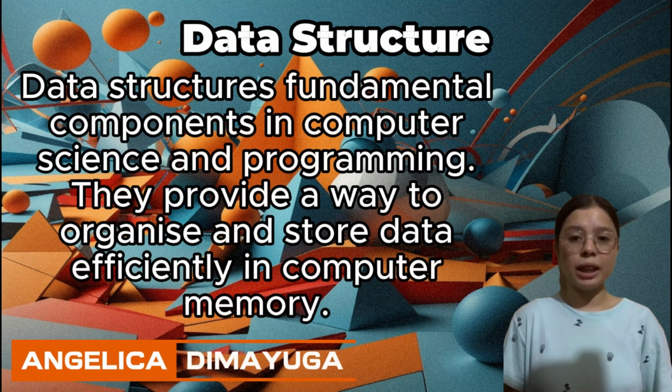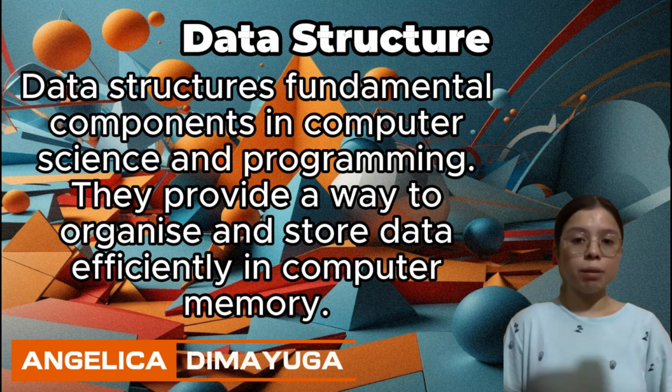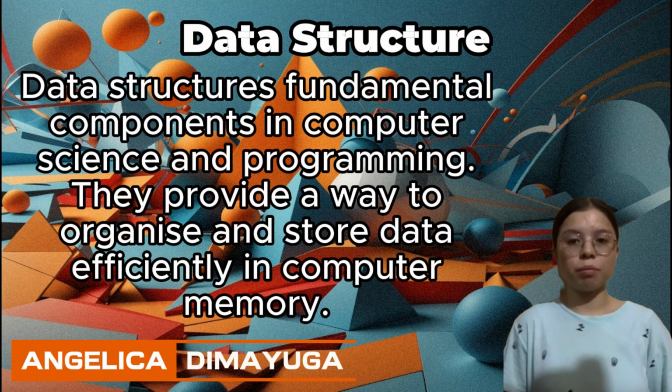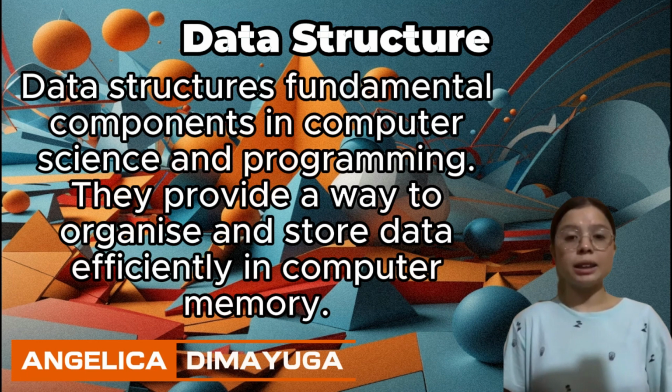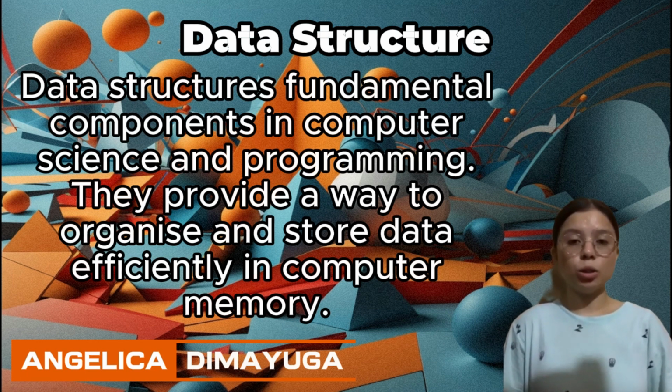Arrays are a basic data structure that stores elements of the same type in contiguous memory locations. Linked lists consist of nodes connected by pointers, allowing for dynamic data storage.